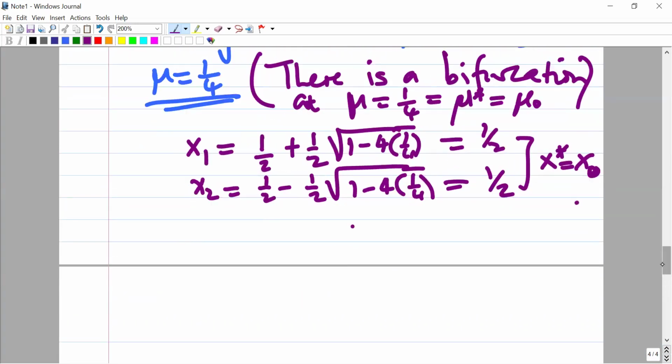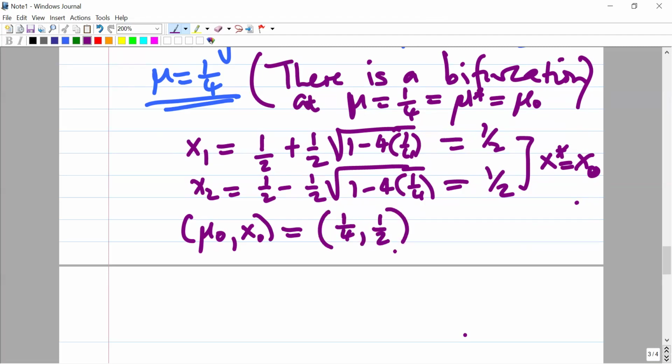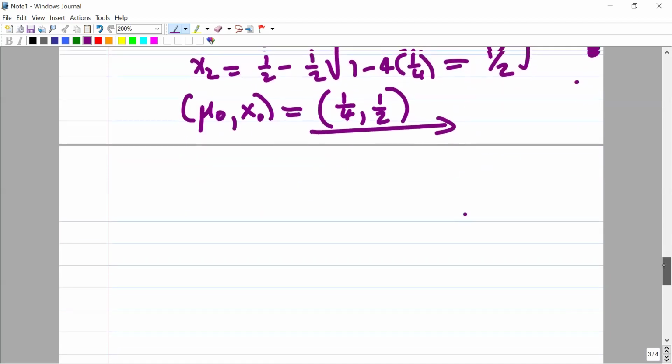So our bifurcation point, x naught, is then equal to 1 over 2. So we have a bifurcation point. This is the point where there is exchange of stability.